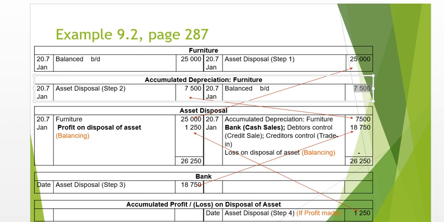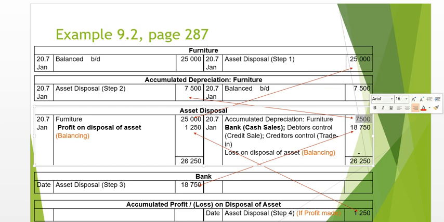We want to take it out, so we need to take it to the other side. So we will debit that 7,500 Rand on the 1st of January 2007, and that needs to go to asset disposal. Now, asset disposal account, we will then credit 7,500 Rand on the 1st of January, and that relates to our accumulated depreciation on furniture.